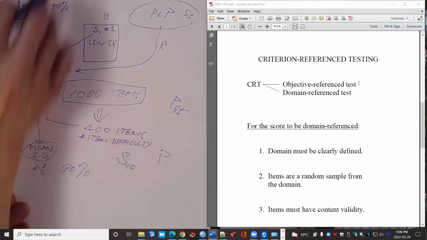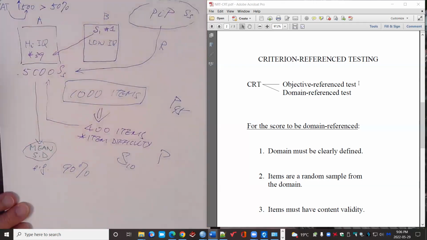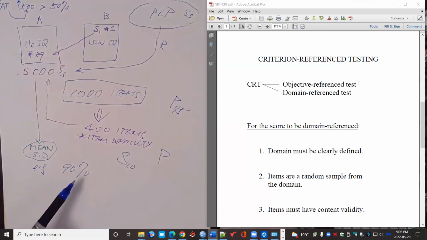That means the examinee knows 90% of all the content materials. So you see here, it is quite different from NRT. Right? Now, of course, here it is also called objective reference, domain reference. Okay, so I will explain what that is.